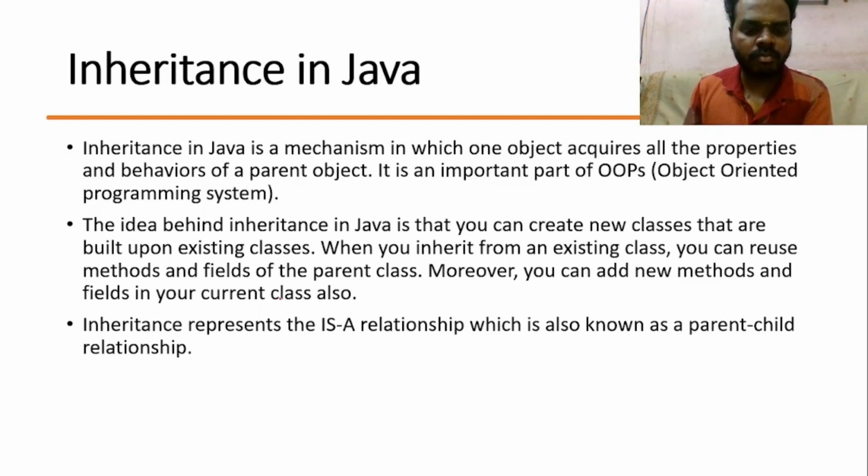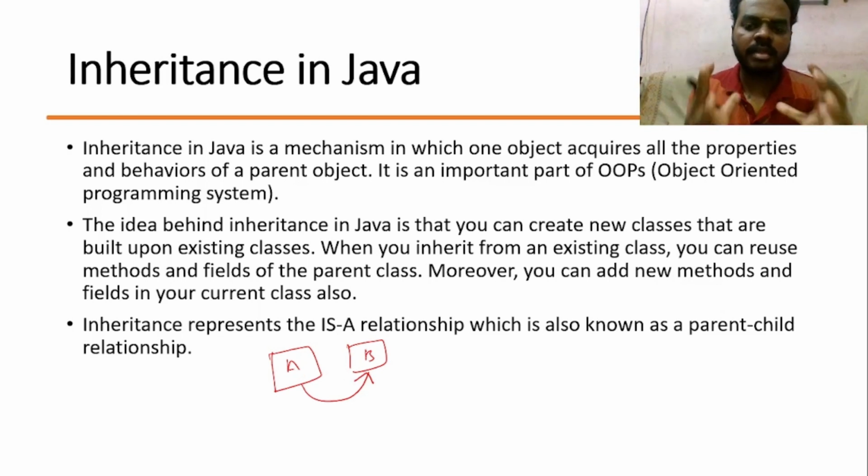Let me take an example. We have class A and we have class B. If you want to acquire the data and methods from class A to class B, this type of mechanism we are going to call inheritance.